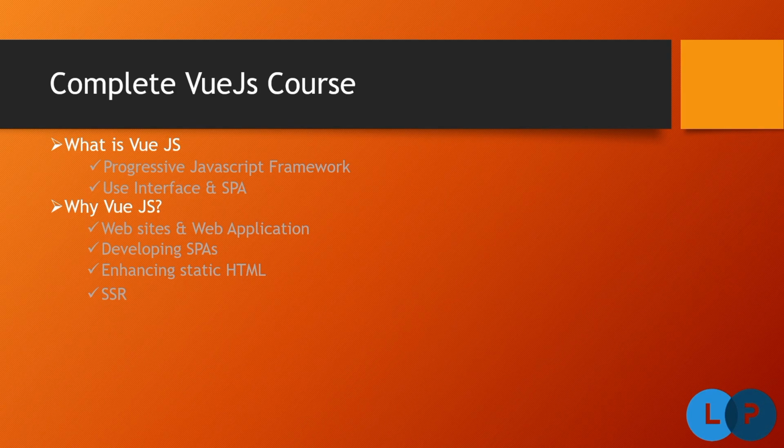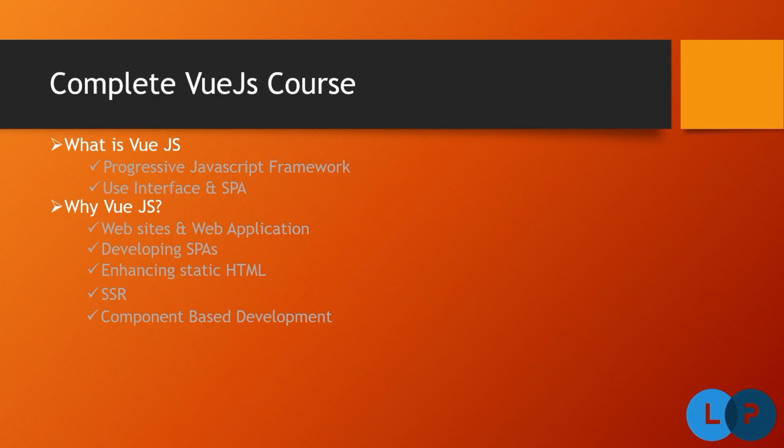One of the most important things is SSR. We'll discuss those topics later when we're going through our course. SSR is server-side rendering. Vue.js can be combined with server-side rendering to improve SEO and initial page load performance. The next thing is component-based development.